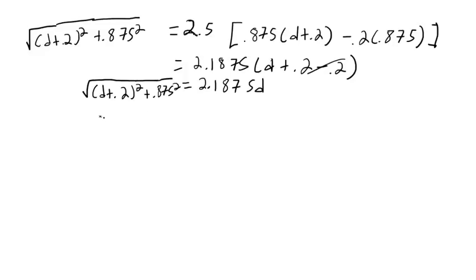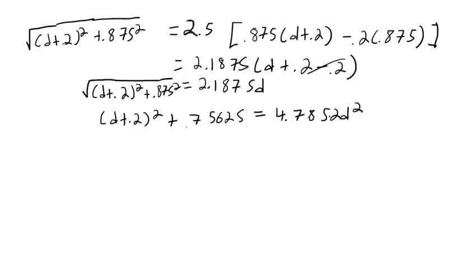All right, so this is then going to be d plus 0.2 squared plus 0.875 squared, which is 0.75625, equals, okay, this squared, 4.7852 d squared.